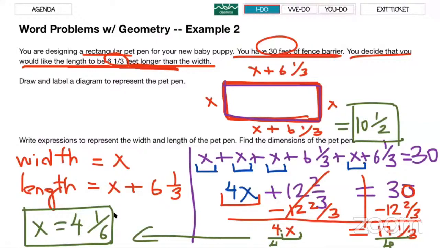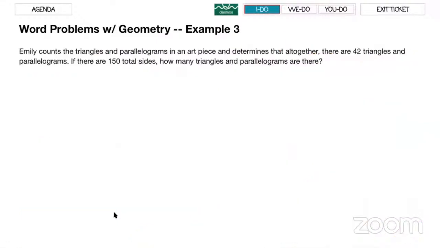This is the last problem for today, and let's talk about this one, the word problem with geometry. This time, you have two different kinds of shapes. For example, it says, Emily counts triangles and parallelograms. Triangles have 3 sides, parallelograms have 4 sides, right? That's the details.